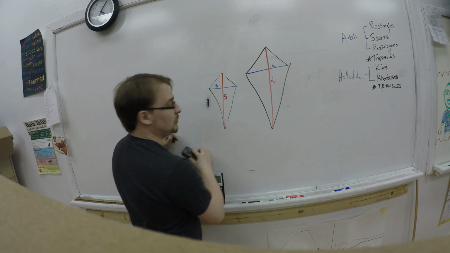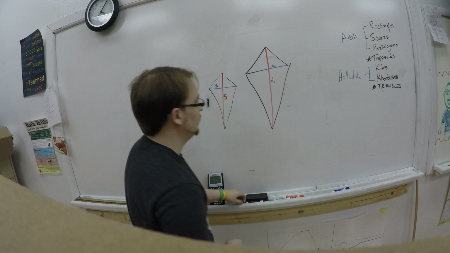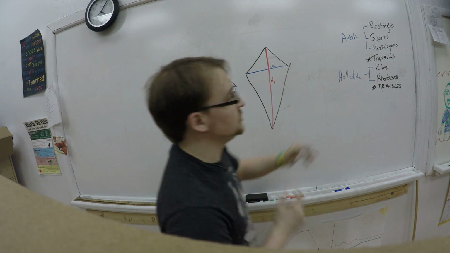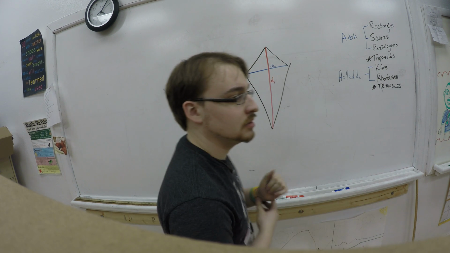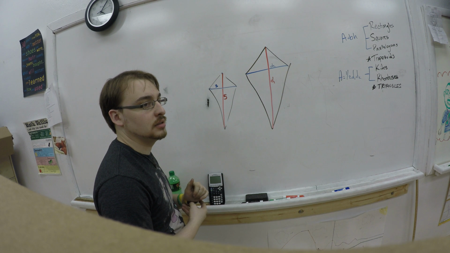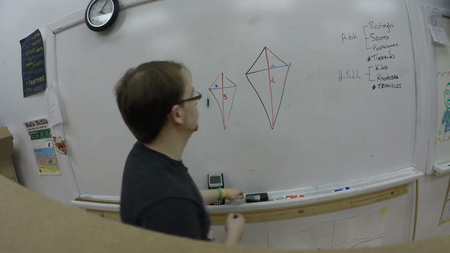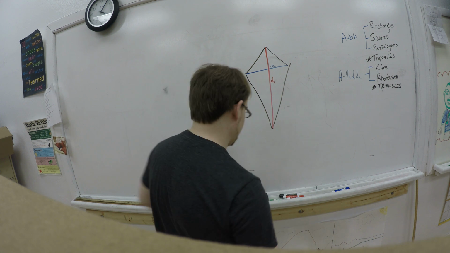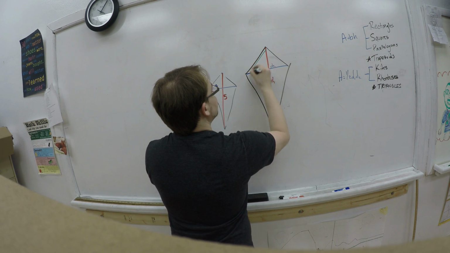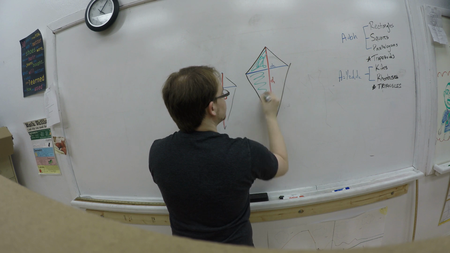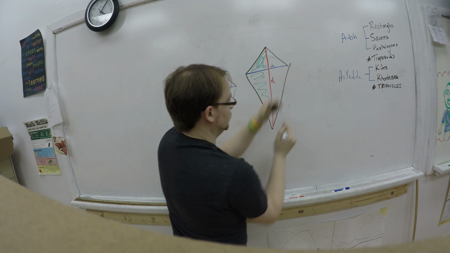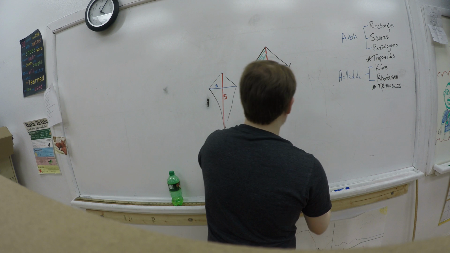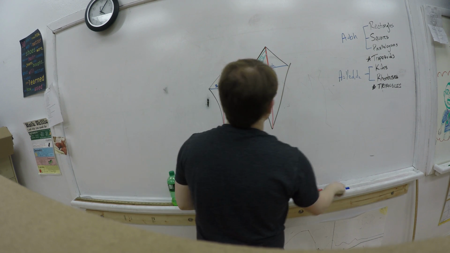So the way I remember this formula: what's the area of a rectangle? Base times height, right? If we can turn this object into a rectangle, that's all that is. So watch what I'm going to do. I'm going to take these triangles, this one here and this one here, and I'm going to move them over here.